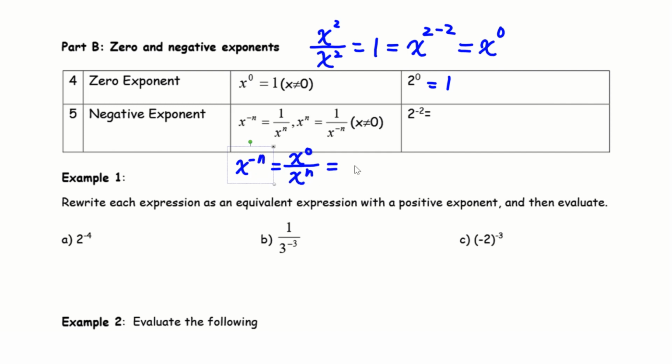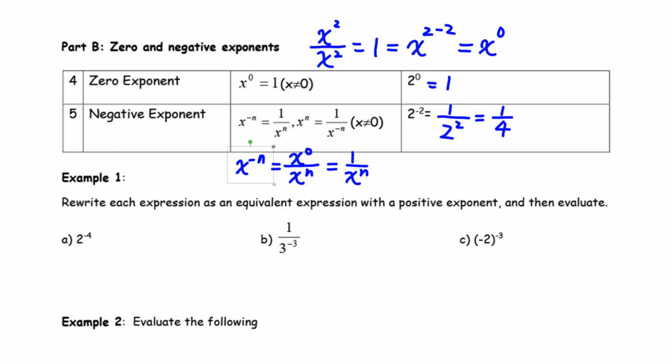And x to the exponent 0 is 1. So you will see that the positive and negative exponents are reciprocals of each other. So 2 to the exponent negative 2, we could write it as a positive exponent and flip. So we have 1 over 2 squared, which gives you 1 over 4.